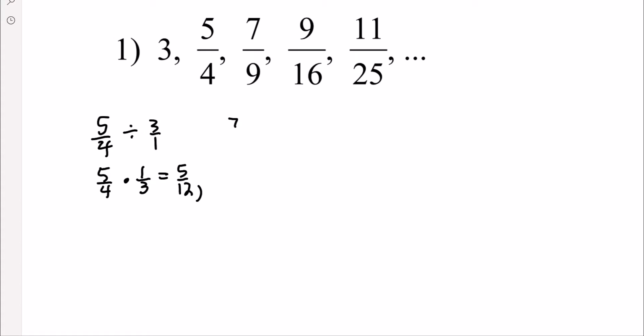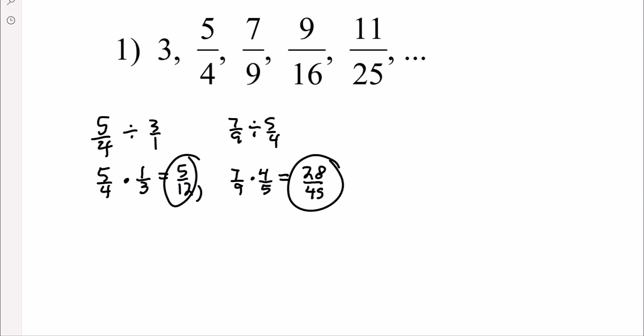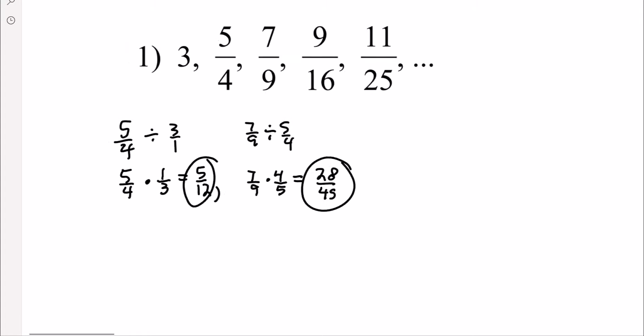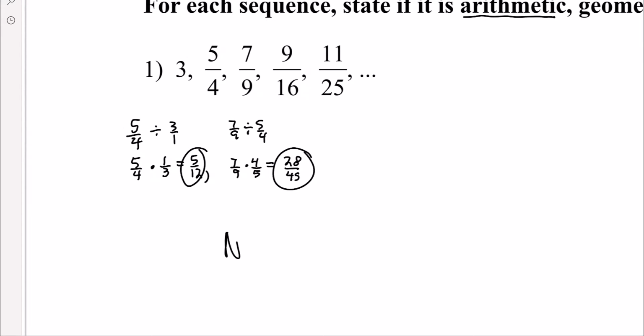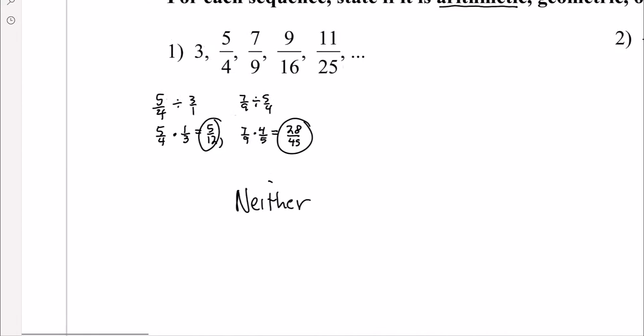And now let's do 7/9 divide 5/4, which is the same as multiplying by the reciprocal. 28/45 and 5/12 are also not the same. So for this sequence, it's neither arithmetic nor geometric.